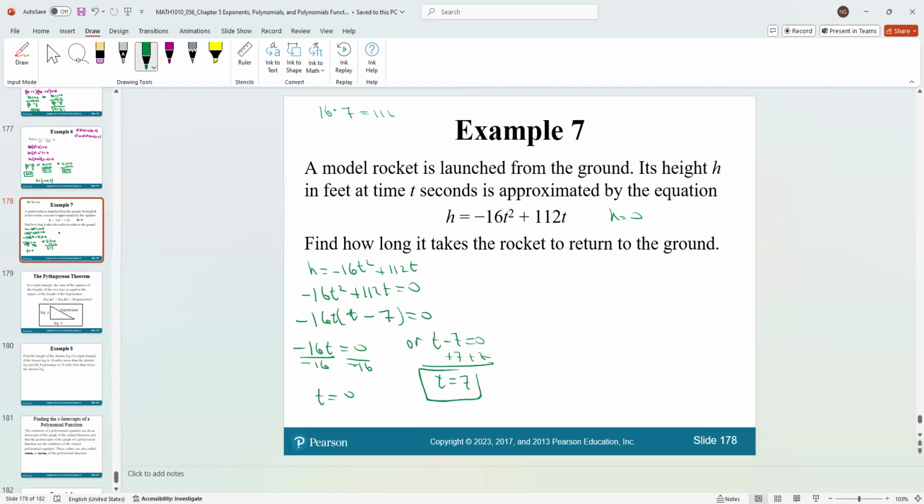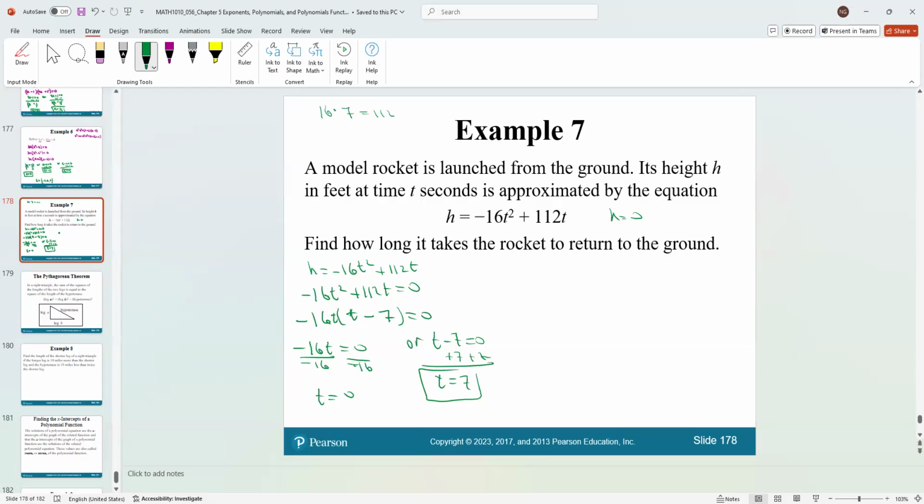Now, our goal here is to decide how long it would take the rocket to return to ground. 0 is 0 seconds, and 7 is 7 seconds. You cannot say it would take only 0 seconds to return to ground when you launch a rocket from the ground and it travels in the air to come back. So you cannot say it takes 0 seconds.